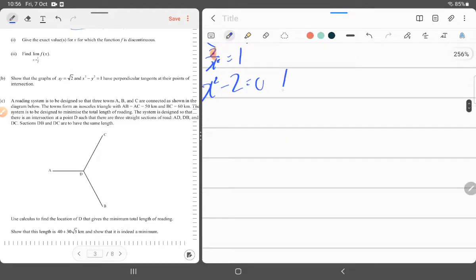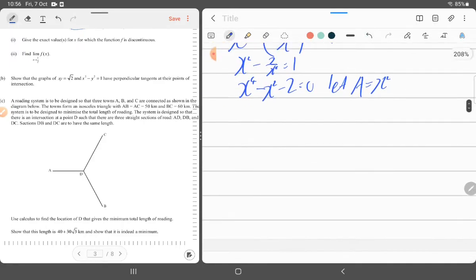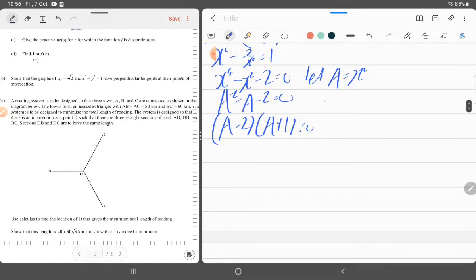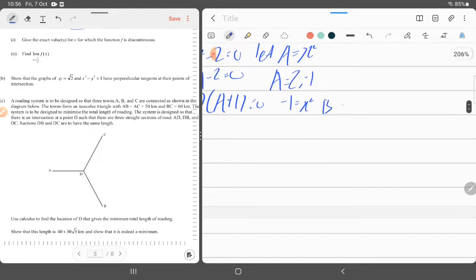then let a equal x squared, a squared take away a take away 2 equals 0, a take away 2, a plus 1 equals 0, a equals 2 and negative 1, negative 1 equals x squared is not possible.